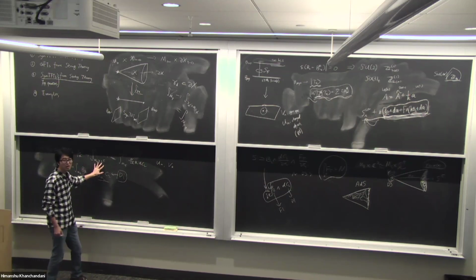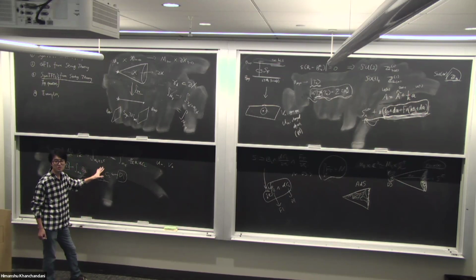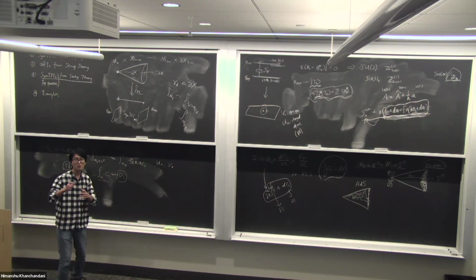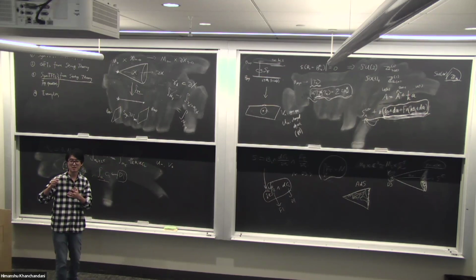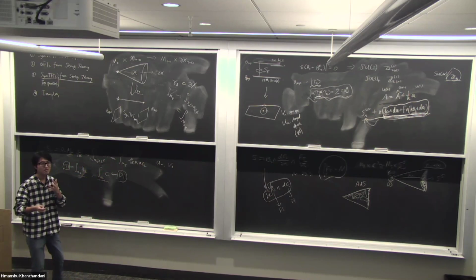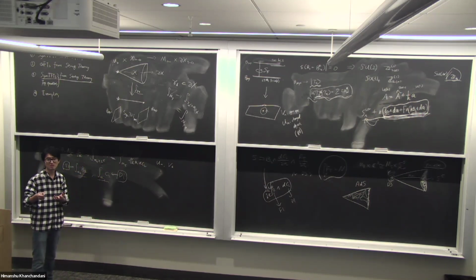Even if there are some compact cycles you can wrap in. What I have in mind is not the entire S5, like wrapping a direction in S5 and a direction in space. But what do you mean? There's no direction you can wrap in S5. I know, but you can have it moving, right? Yes, right. And then it's just some unstable stuff which will in the end be decoupled from the theory.